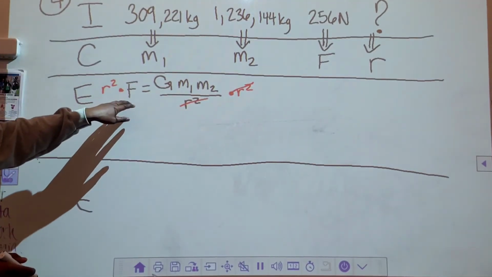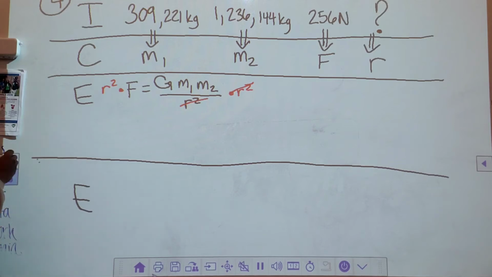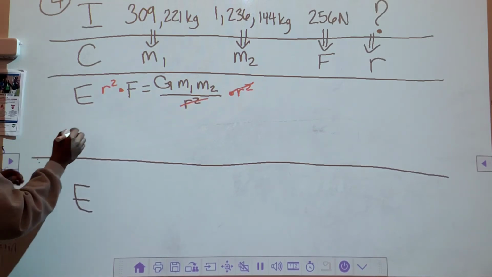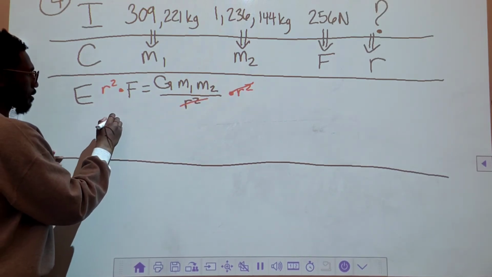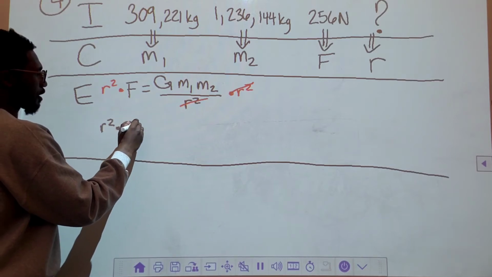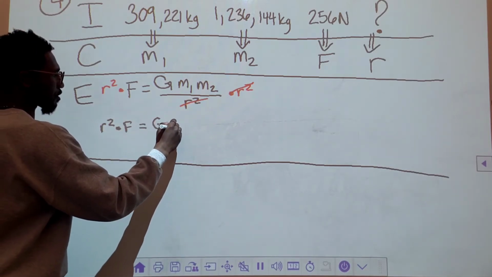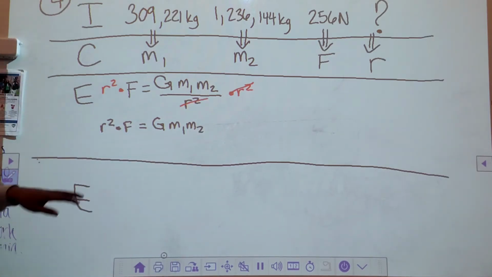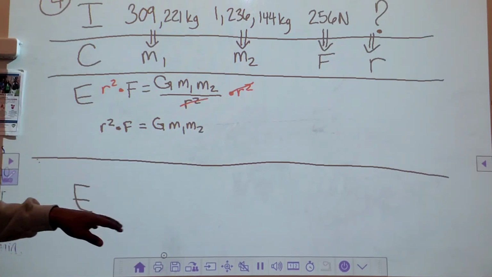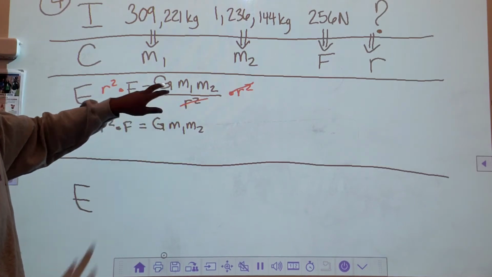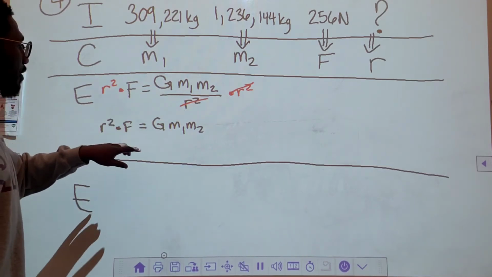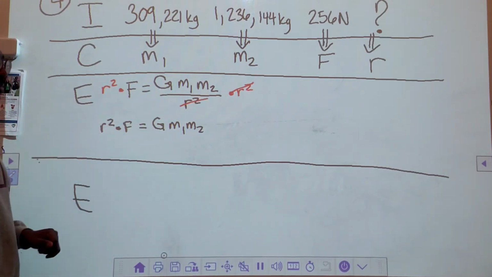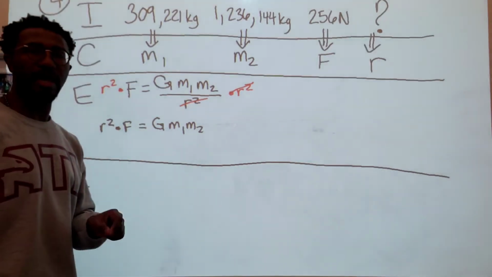Now we are just left with r squared times F equals Newton's gravitational constant times m1 times m2. This is a little bit better. We no longer have r squared in the denominator, so we're a step closer to being able to solve for r. Now we're not fully done yet.